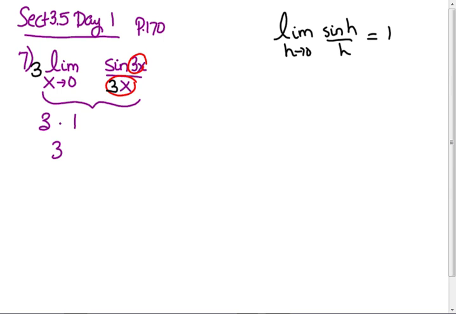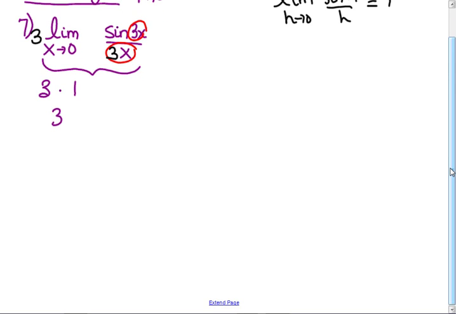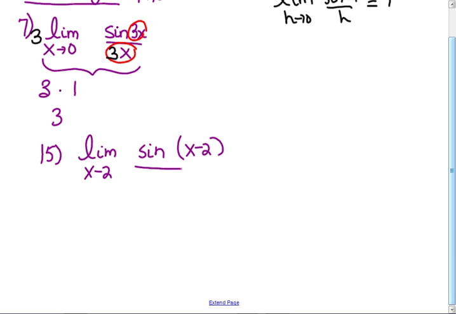Now, somebody asked me for something else. 15. I'm kind of surprised nobody asked me about that. Now, I don't have a video for my other class, but I do have problem number 9 done. Well, I'm going to do a little trick here. Should we go ahead and factor this?